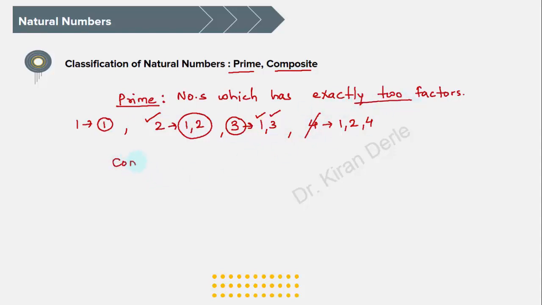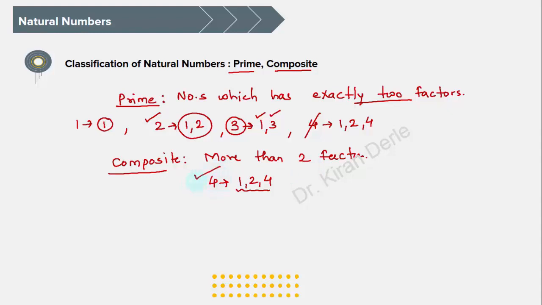And what are composite numbers? Composite numbers are numbers which have more than two factors. Numbers which have more than two factors are composite numbers, right? Try to understand. For example, 4 which we took here has 1, 2 and 4, so there are three factors, more than two factors, so it is a composite number.